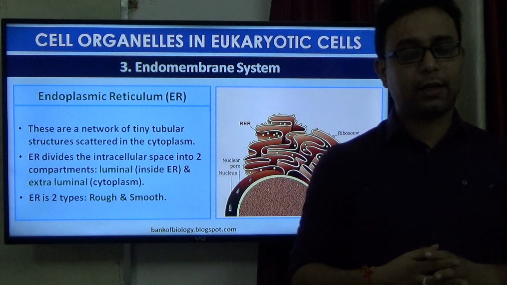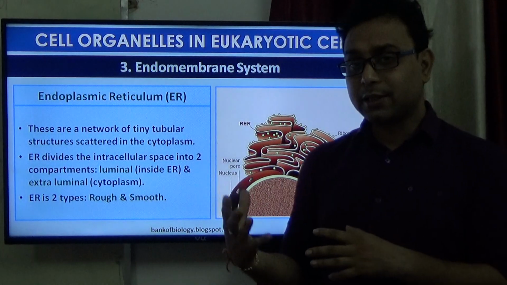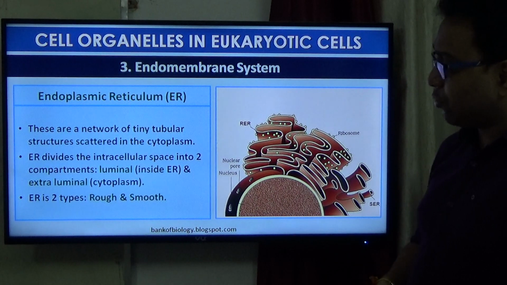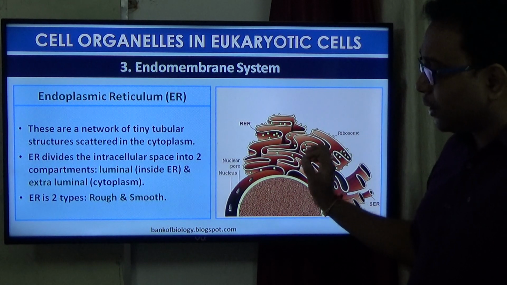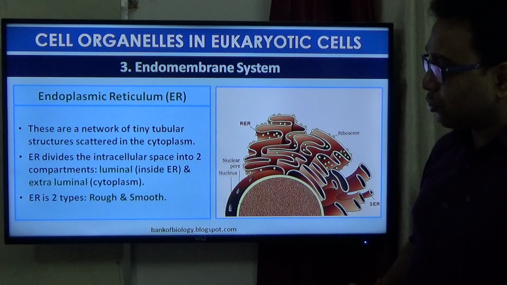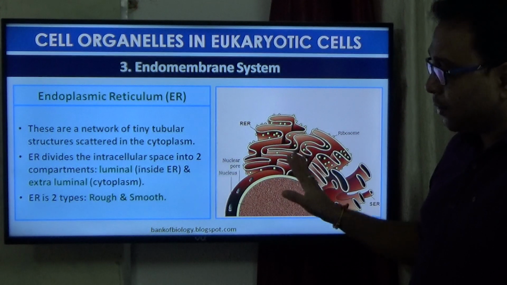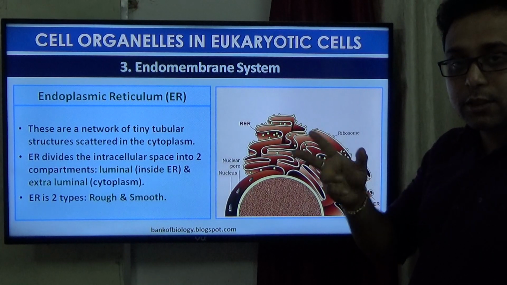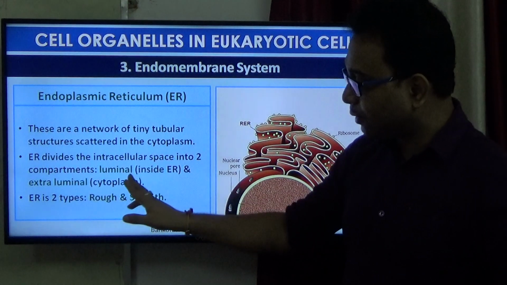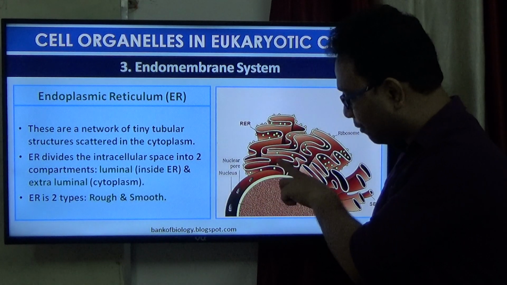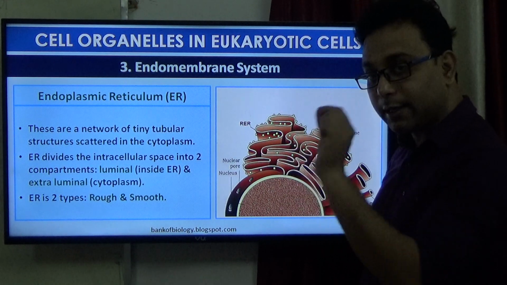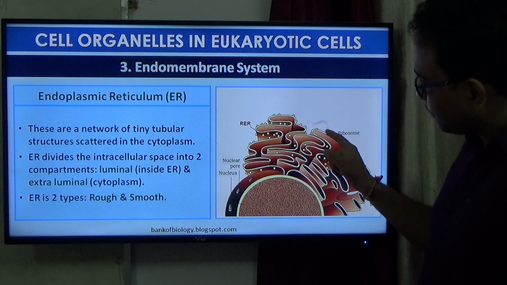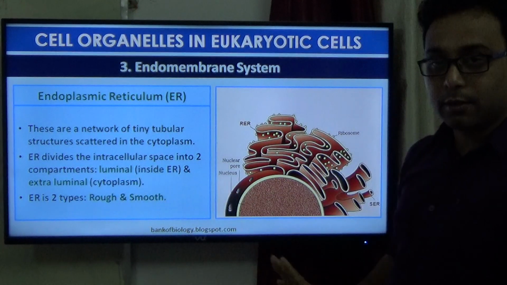If we classify the ER, it divides the intracellular space into two compartments: the luminal compartment, inside the ER, and the extraluminal compartment, the cytoplasm. Luminal means inside the ER portion, and this cytoplasm part is called the extraluminal portion.